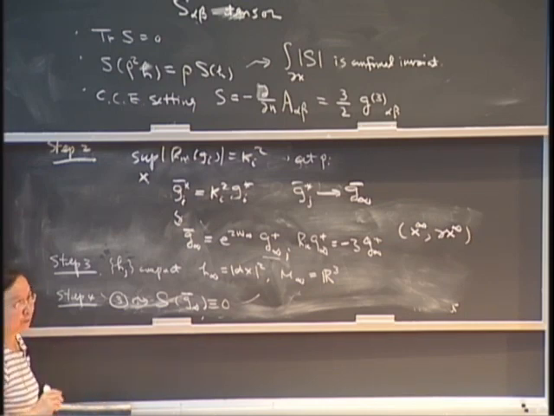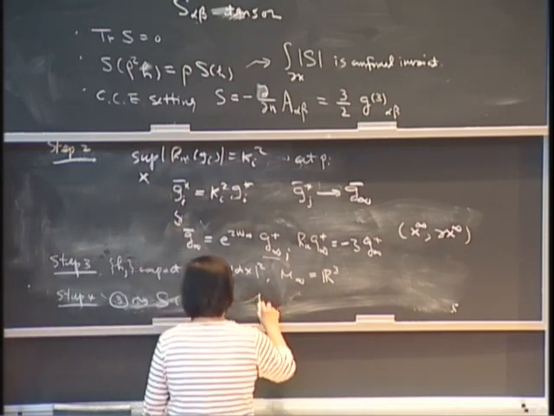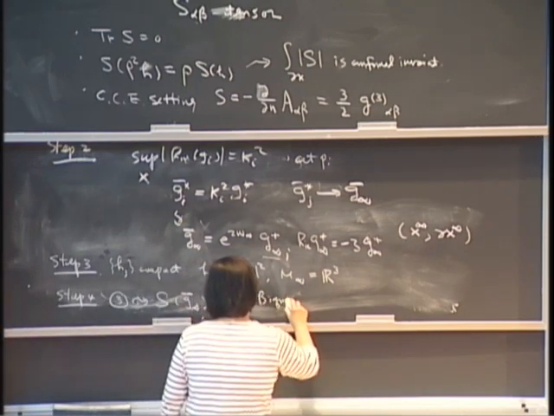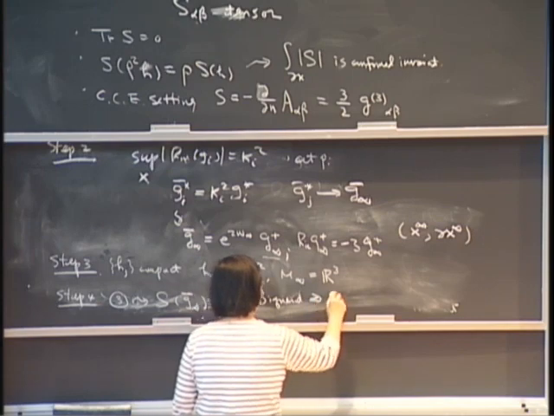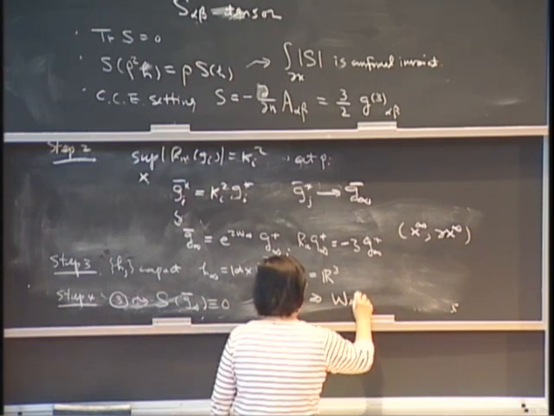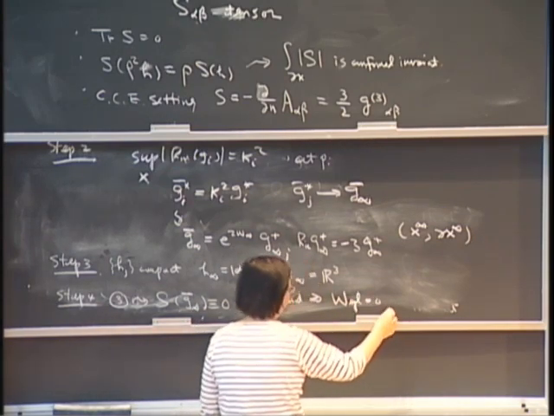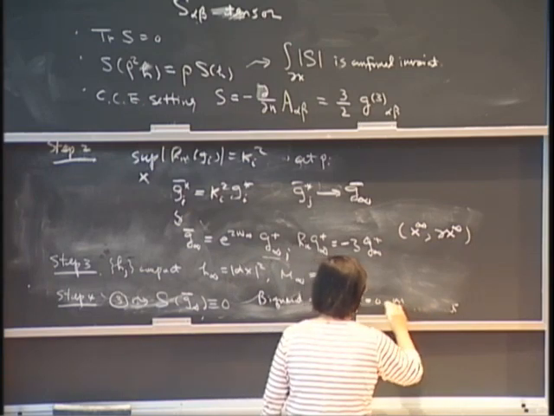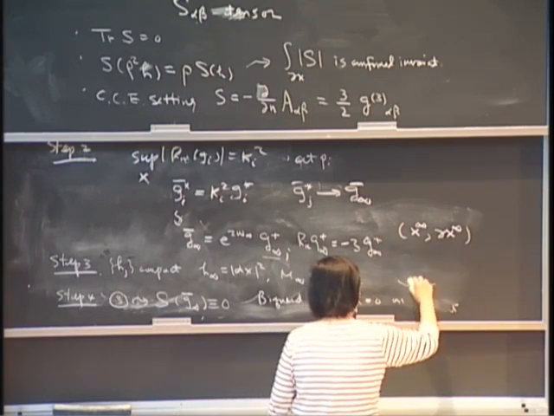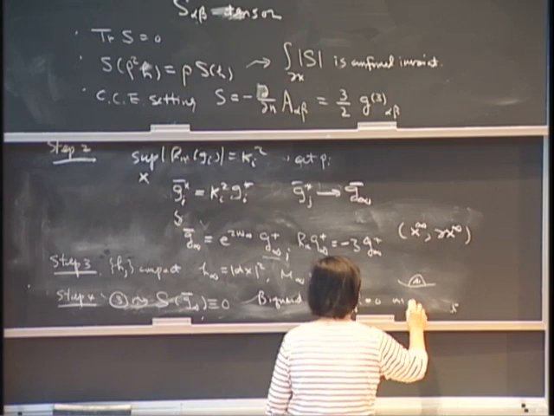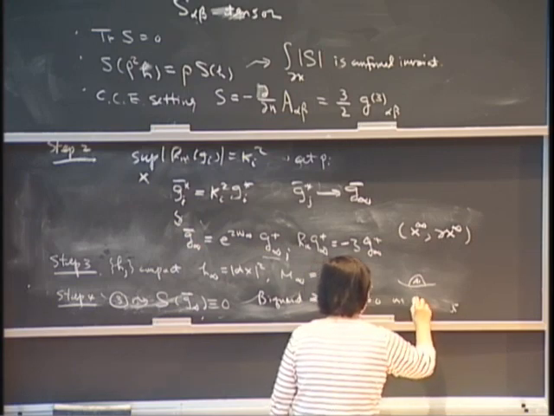That allows us to use the result of Picard, which says that this Weyl tensor is equal to 0 in a neighborhood. For each point, there exists a neighborhood such that this Weyl tensor is 0 on the neighborhood.